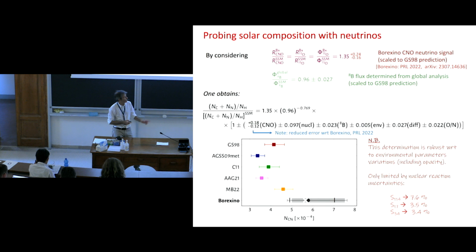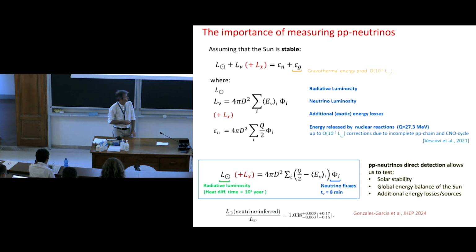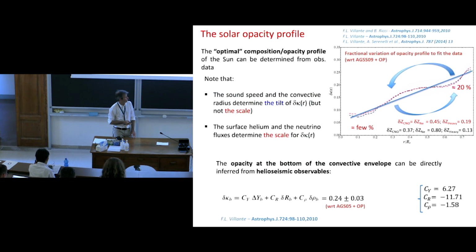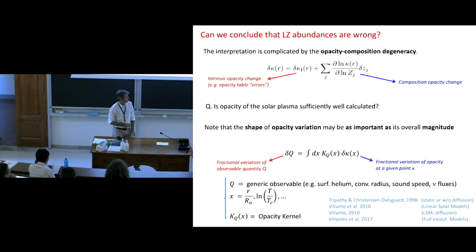At the end, the source term goes here. In this paper, we linearized the stellar structure equations. We created what we call the linear solar model, no?